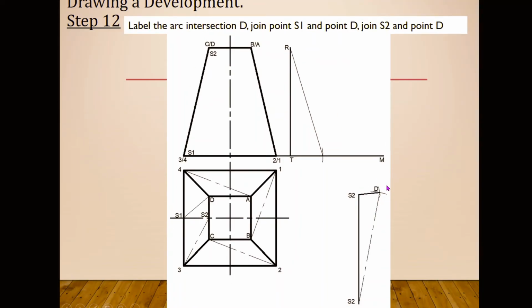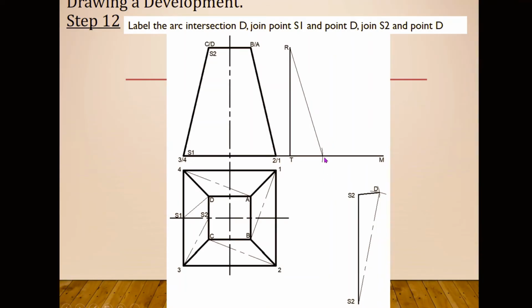Now this point will be called point D. Then you draw a line. There's a line that starts from S2 to D, you're going to draw it. There's a line that starts from S1 to D, you're going to draw it like this. This is how you establish the point D. You measure this distance from S2 to D and scribe an arc.